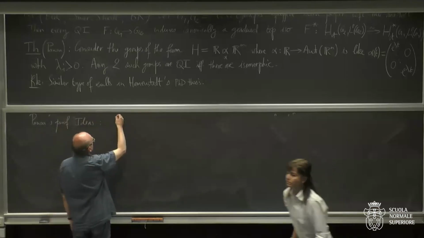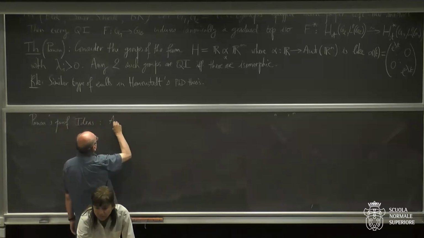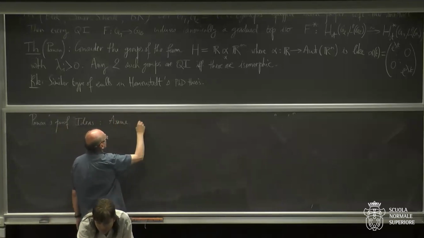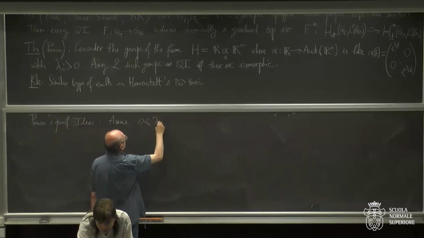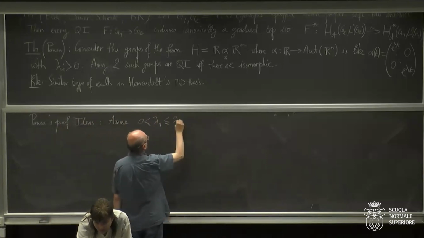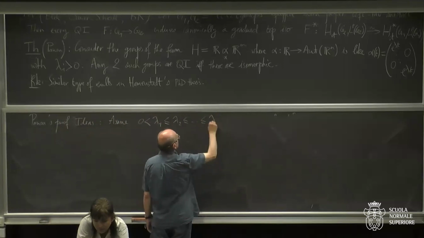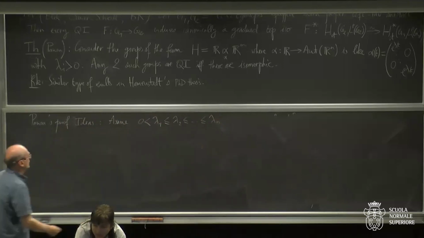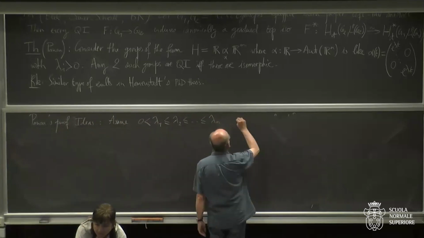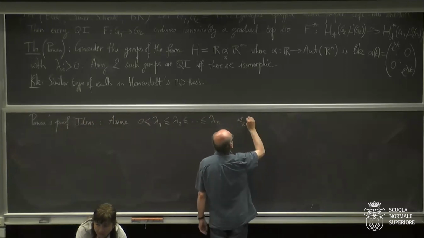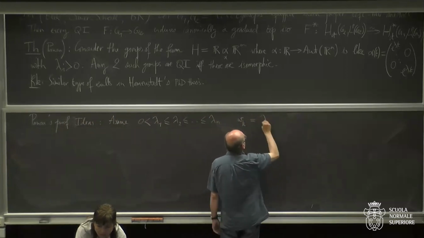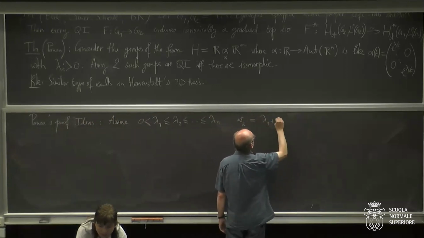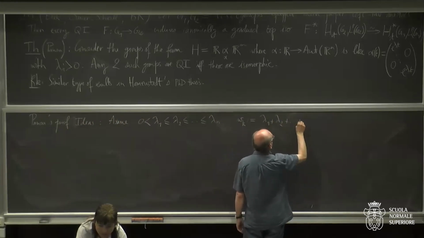So one can assume that lambda_1 is smaller or equal to lambda_2, smaller or equal to lambda_n. You can always do that up to isomorphism. And then you define w_k, which is lambda_1 plus lambda_2 plus, etc., lambda_k.